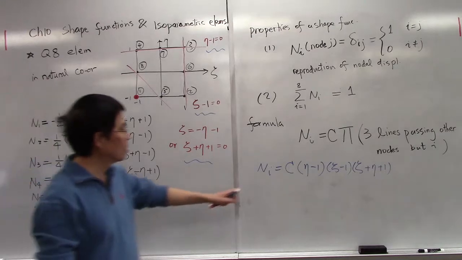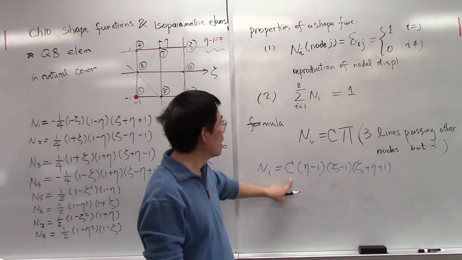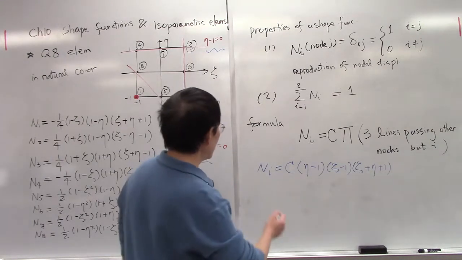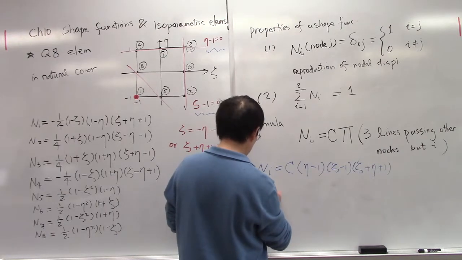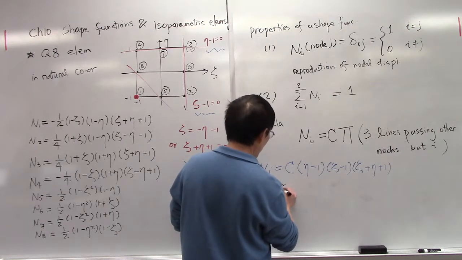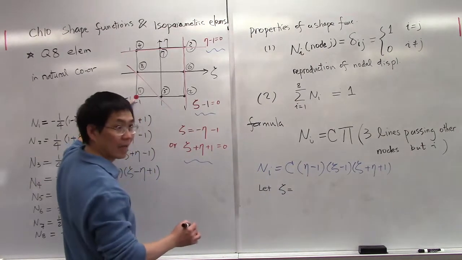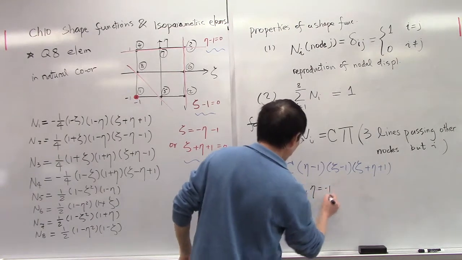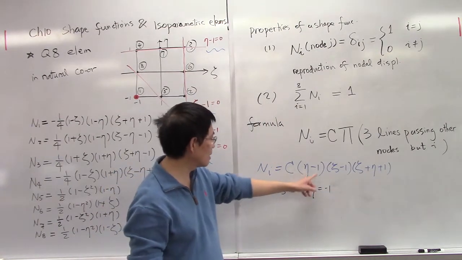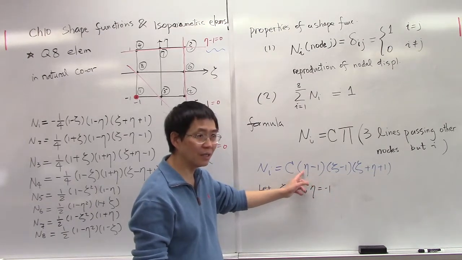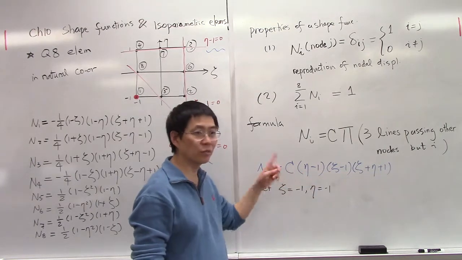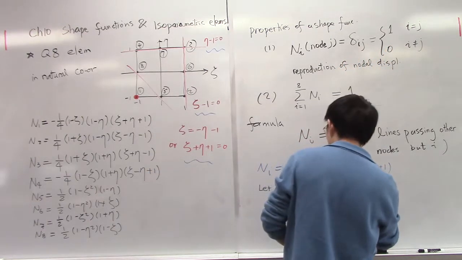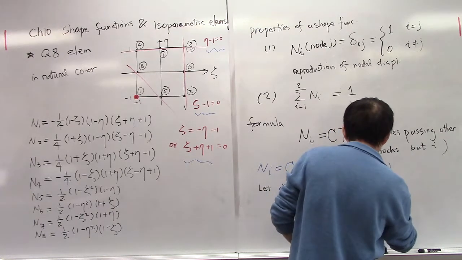And then to determine C, you let theta equal that point. At that point, theta is negative 1 and eta equals negative 1. When you put negative 1 as theta and also negative 1 for eta inside, plug that in, the whole thing should be equal to 1, the delta property. And with that, Ni should be equal to 1. Okay?